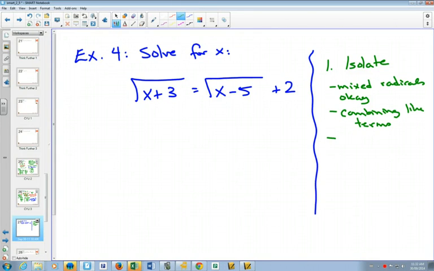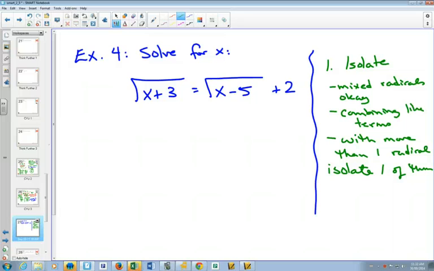And thirdly now, with more than one radical, and that means you can't combine them as like terms, we're going to isolate one of them, square, and then we may have to do the whole process again.